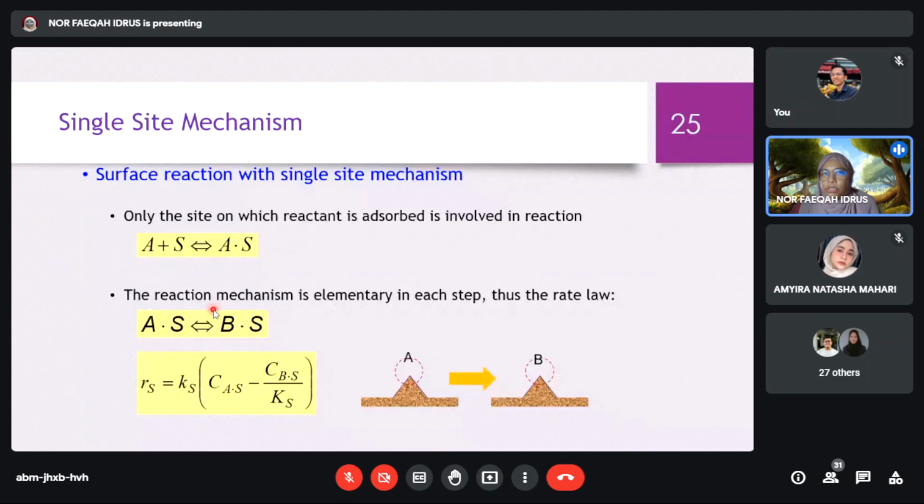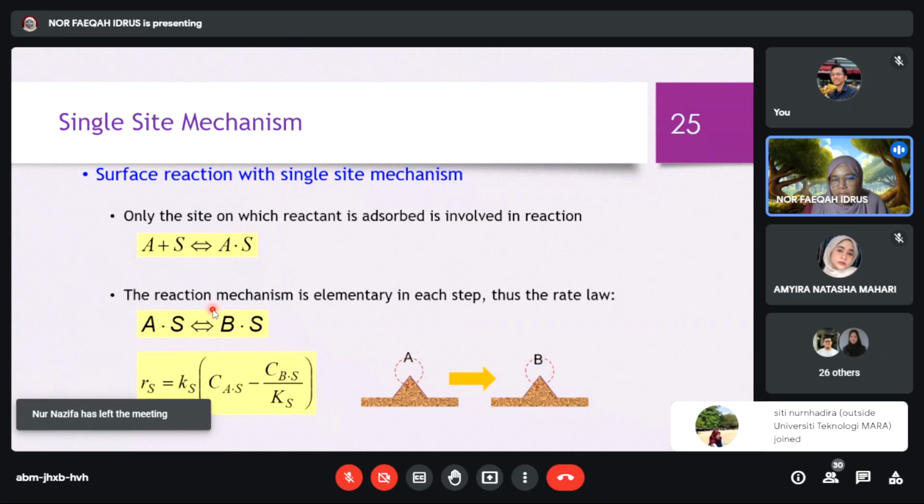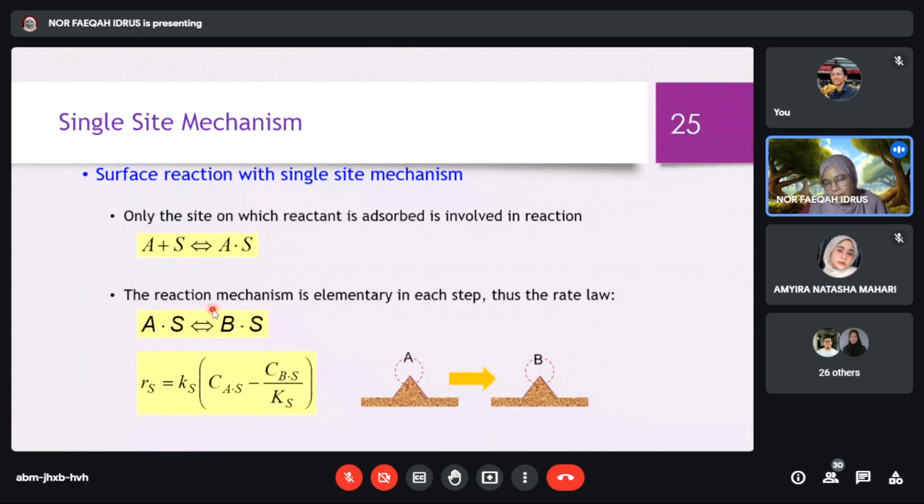And for the surface reaction, okay, earlier the adsorption must be reversible. The adsorption process must be reversible. But for the surface reaction, it can be reversible or it can be irreversible. It can be either, reversible or irreversible. So it depends on the reaction system. So for this example, I show the reversible reaction first.